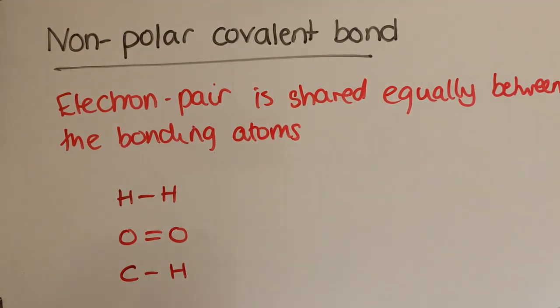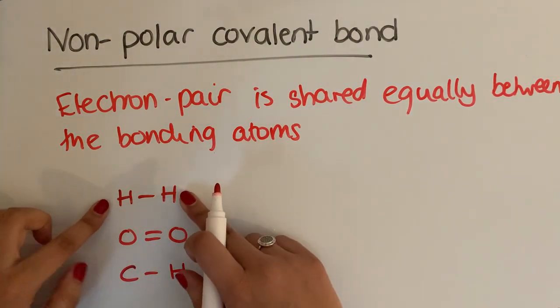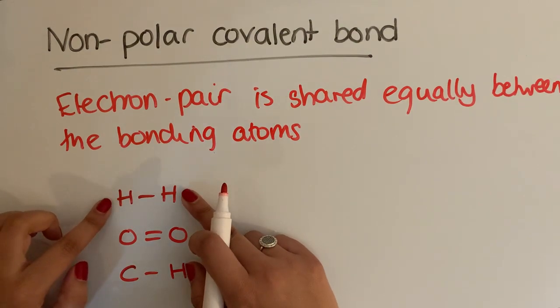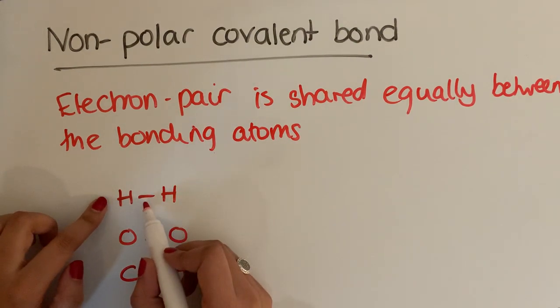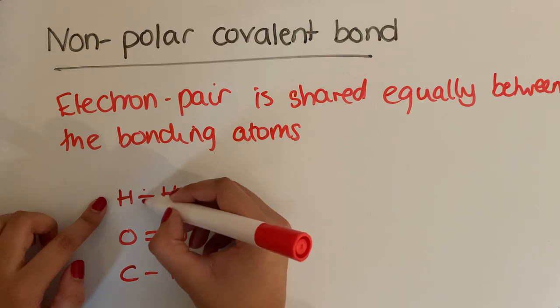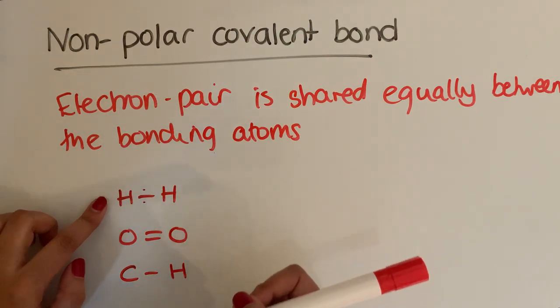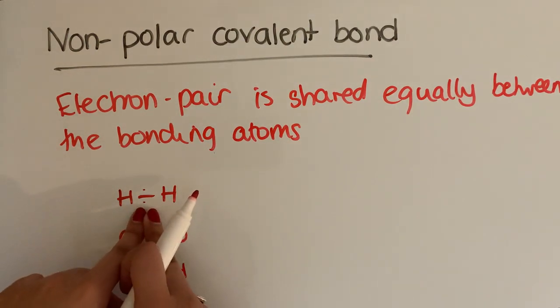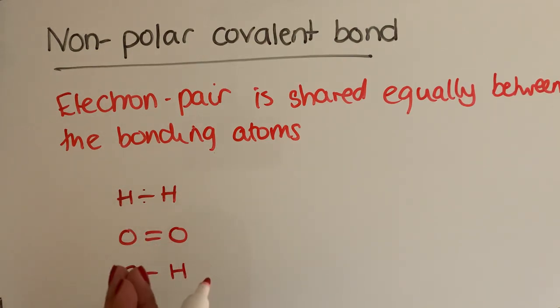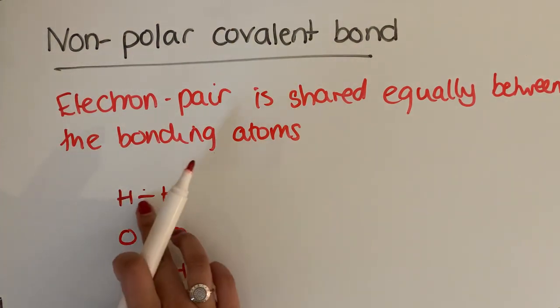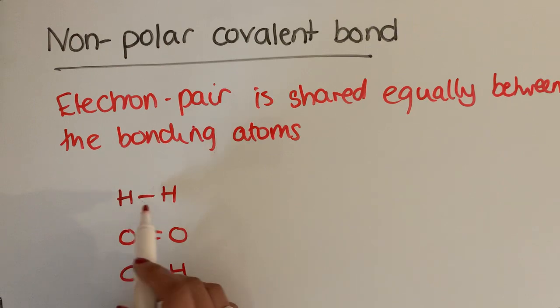Okay, and that happens when we have two atoms that are exactly the same. Because the electrons are being shared equally over here, I'm just going to draw them in. It's not a divide sign, they are electrons being drawn in. Because they are being shared equally, they are found in the center of that bond, and we call the bond between the two hydrogens a non-polar covalent bond.